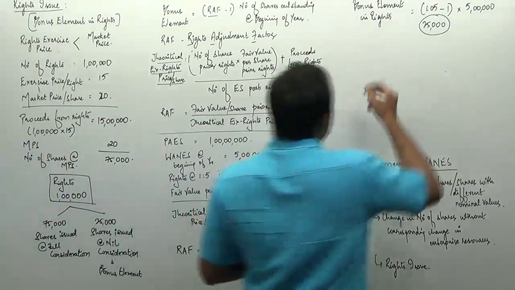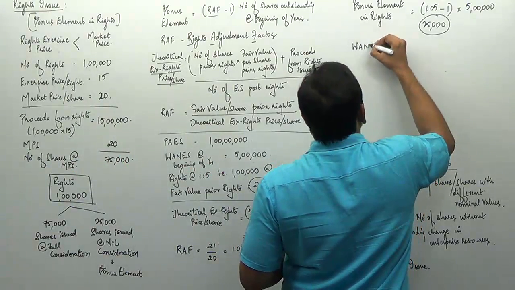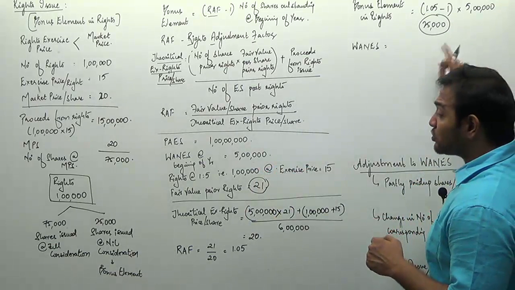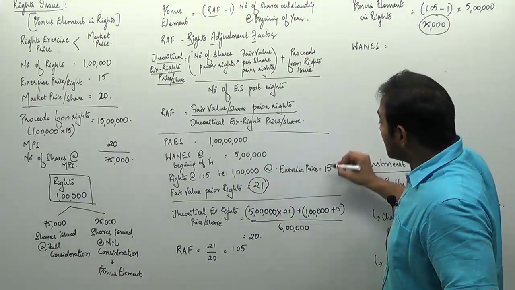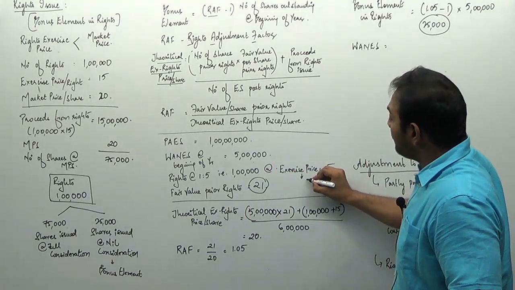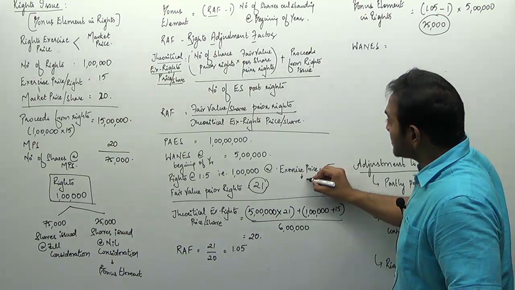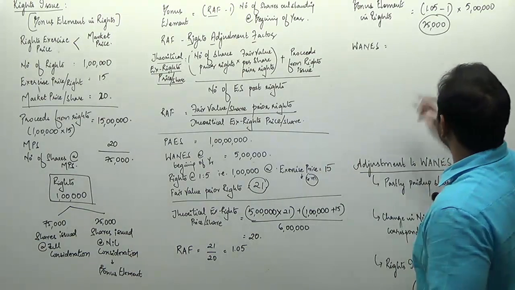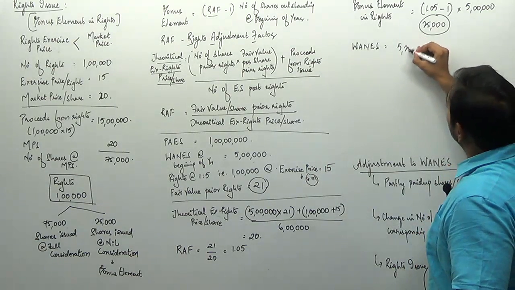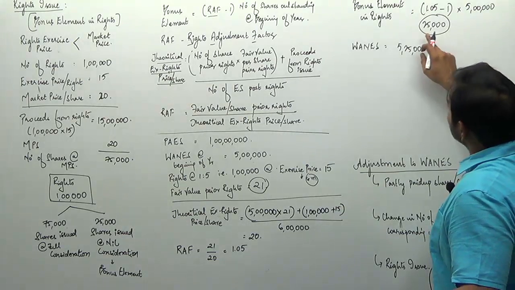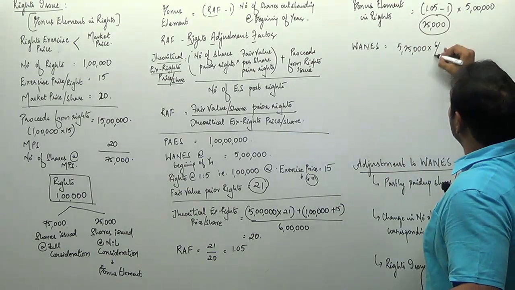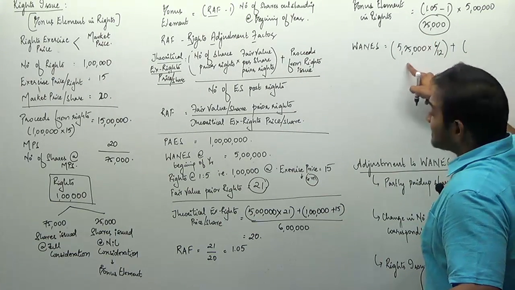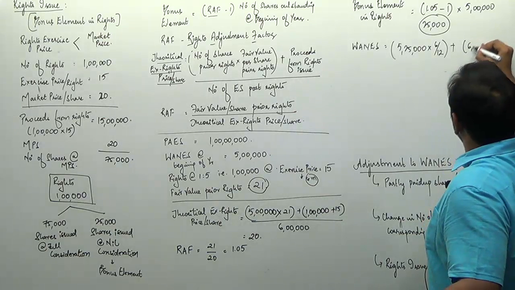So, when I calculate my WANES now, these 25,000 should be assumed as if they were issued at the beginning of the earliest period reported. Let's say the rights issue was given at the 6 months period. Issued after 6 months, so until 6 months I had 5,25,000 shares, assuming that these 25,000 shares were issued at the beginning of the reporting period itself, plus, after the rights issue, I totally have 6 lakh shares.